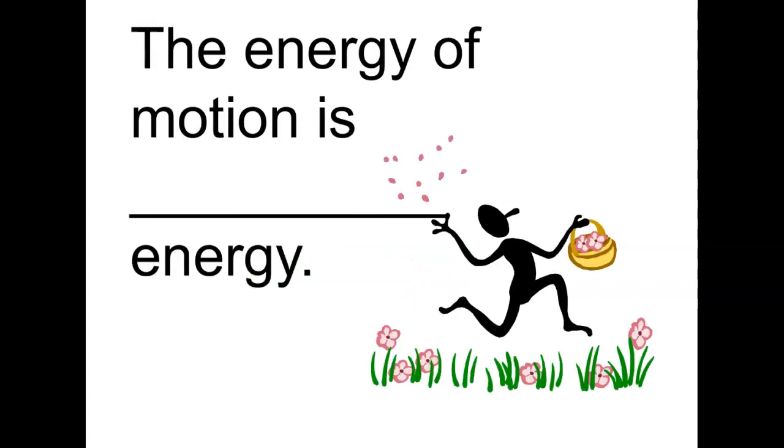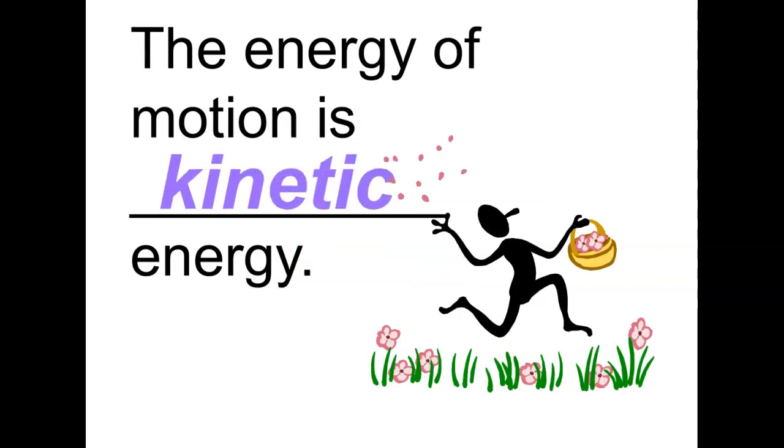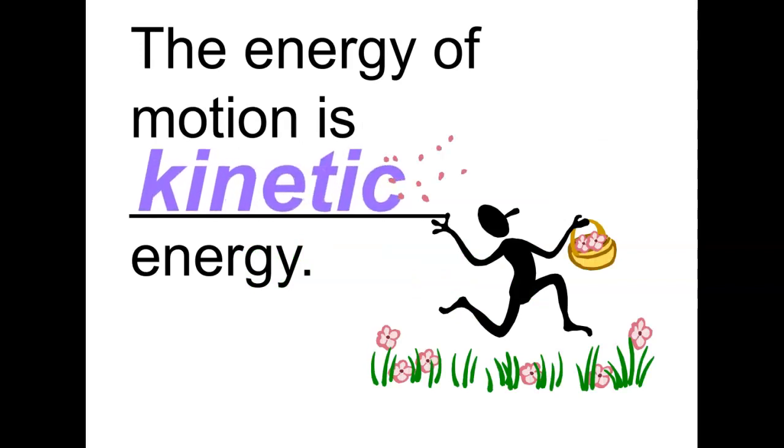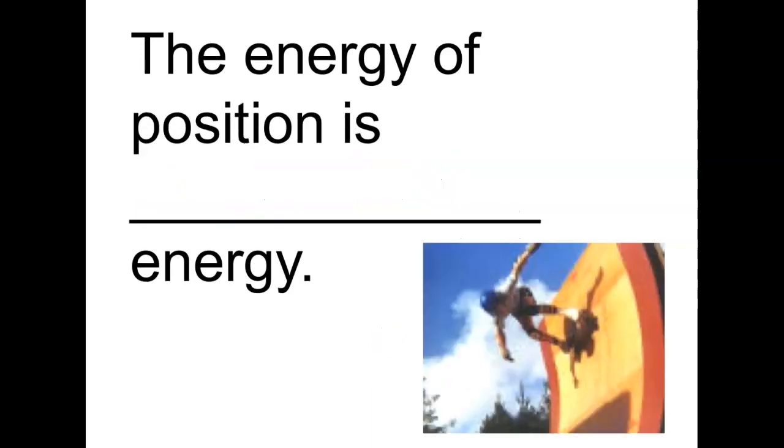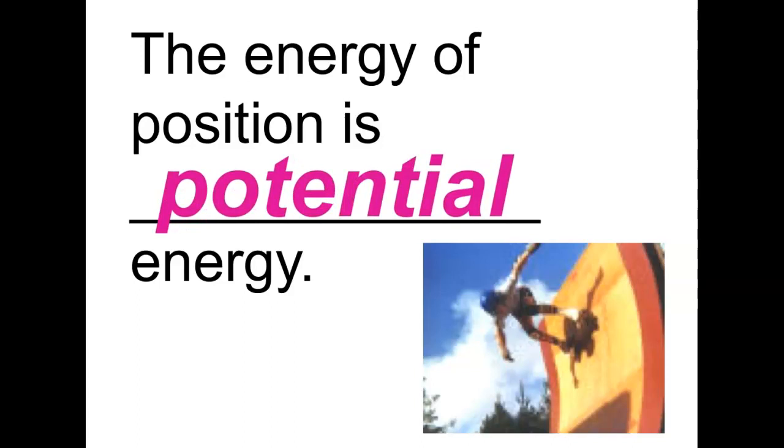The energy of motion is kinetic energy. If something is working or moving or in motion, we call that kinetic energy. The energy of position is potential energy, possible energy.